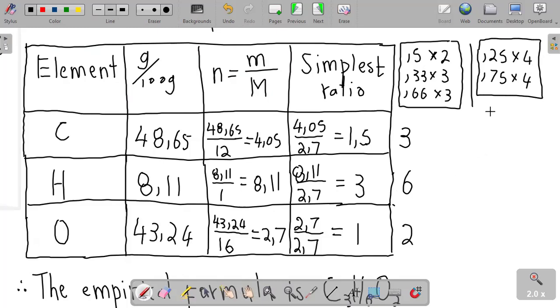And then the other one is what? It's anything with 0.2. In this case, we would multiply by 5. So if we have 0.2 or 0.8, then you would multiply by 5.